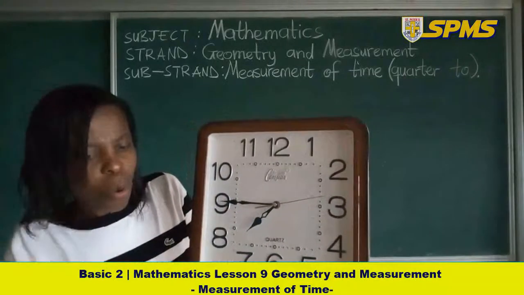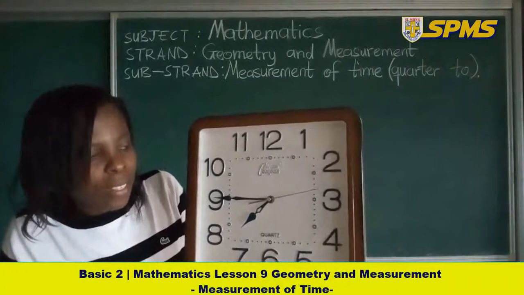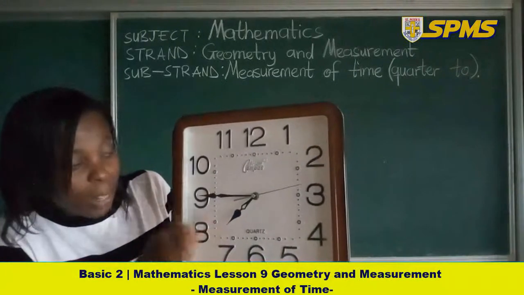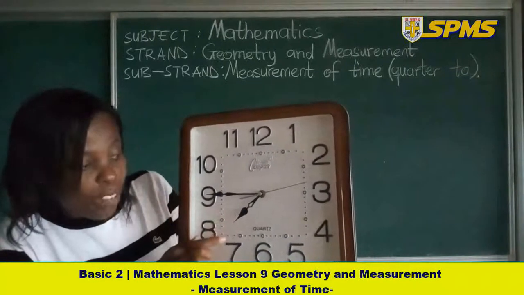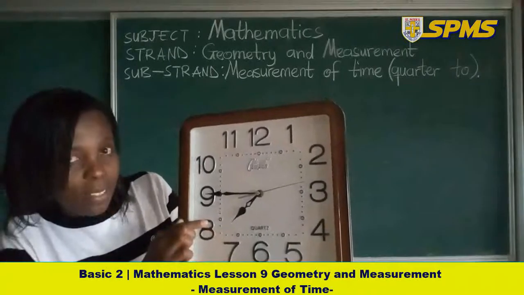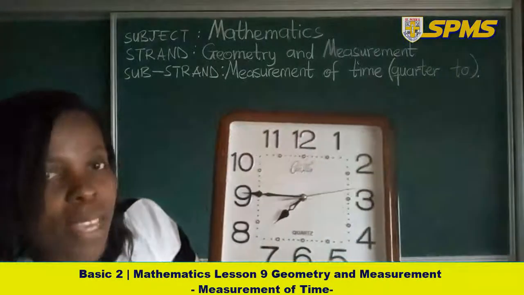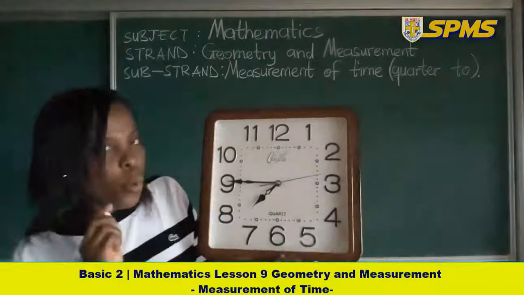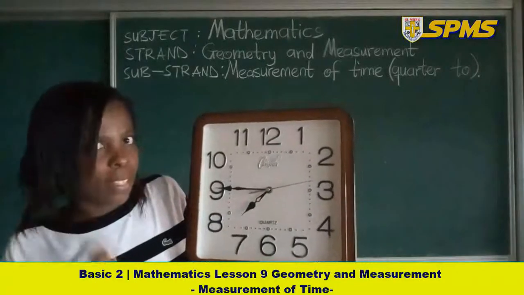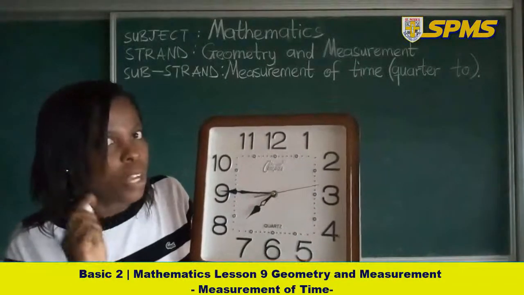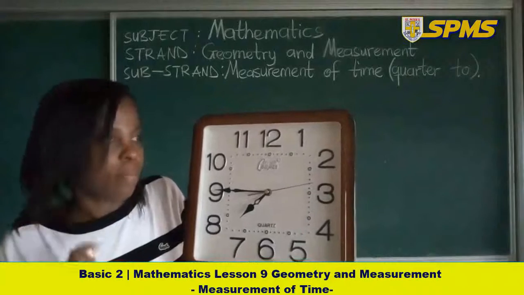Quarter to which hour? Because the hour hand is moving gradually from 7 to 8, now the time is quarter to 8. And this is how we write quarter to 8.